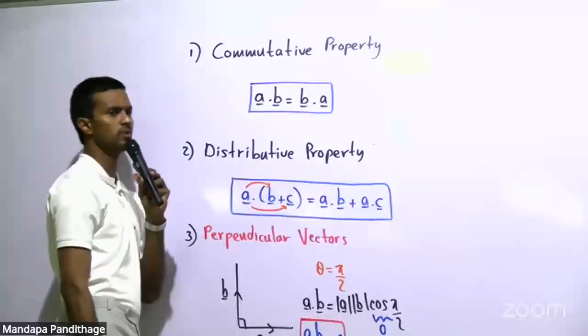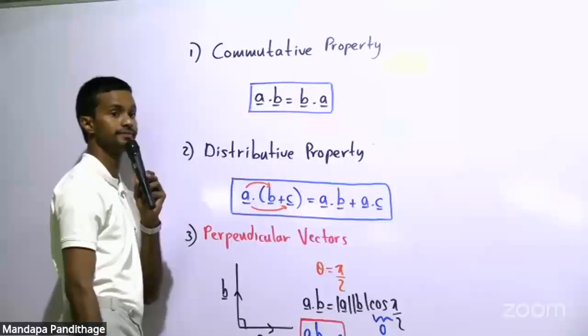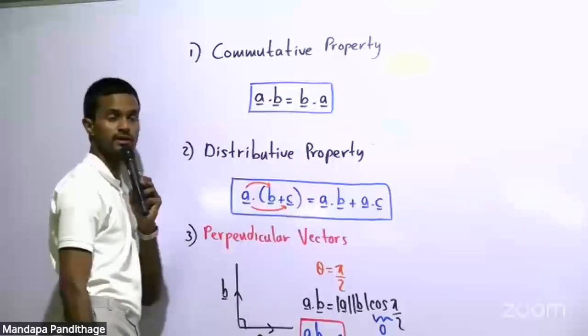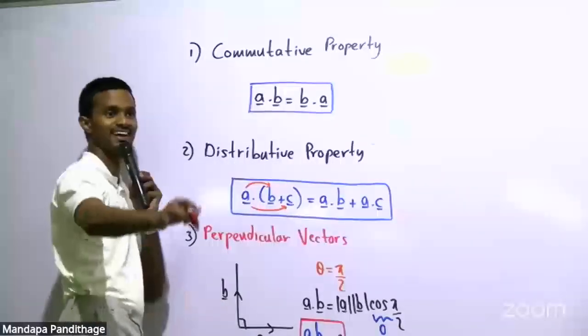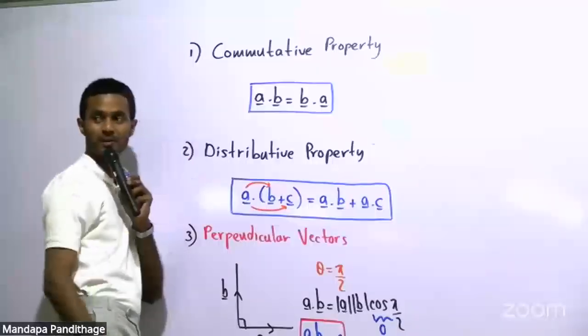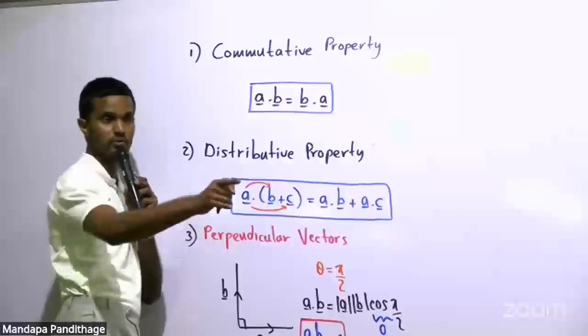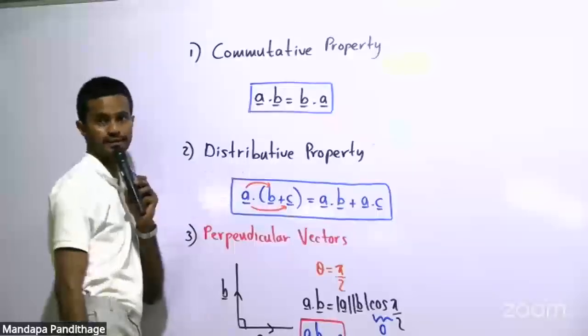How can you show that two vectors are parallel to each other? Not perpendicular, parallel. By showing that the two vectors are dependent.